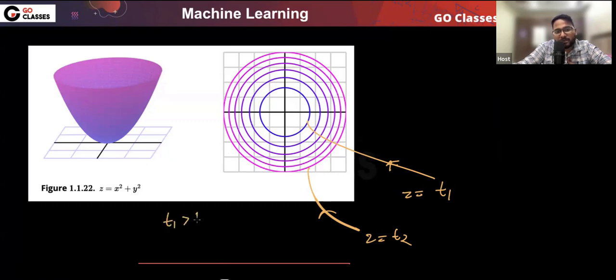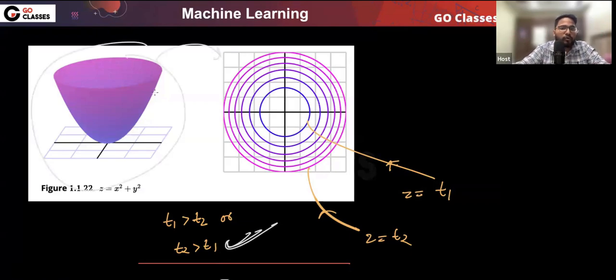See, the smaller circle here belongs to the bottom, so t1 belongs to the bottom and t2 belongs to the top. So t2 is greater than t1. Is this fine to everyone? One circle means one value, and by looking at this contour architecture you can say which is greater and which is lesser. Let me know if that is fine.